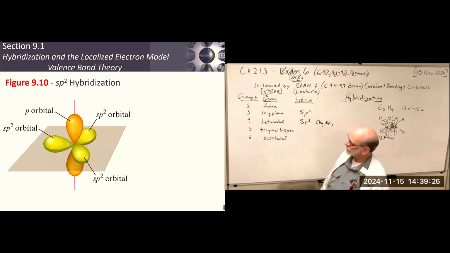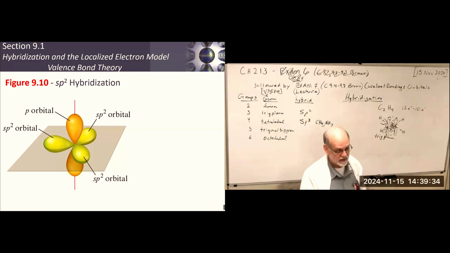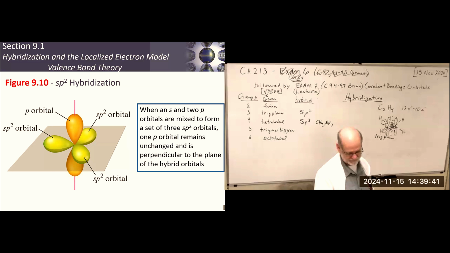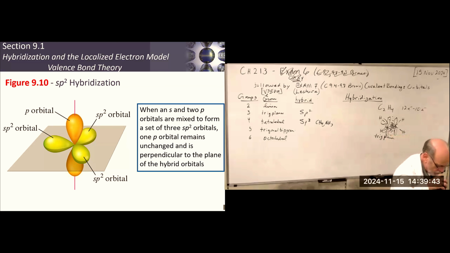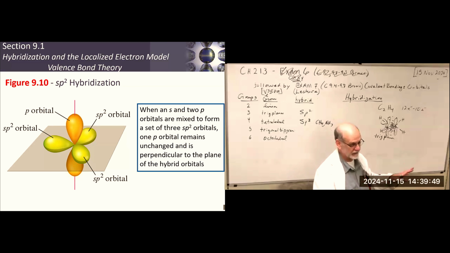And that's what it would look like. You've got the sp2 hybridized in one plane, and then the 90-degree axis would give you the p orbitals, and those are the ones that overlap to give you the pi bonds. And we're still in the valence bond theory.